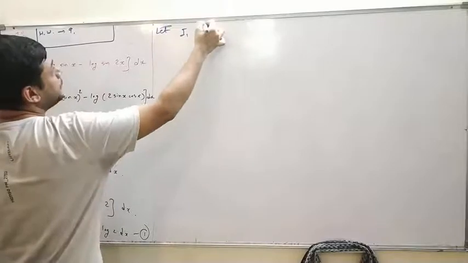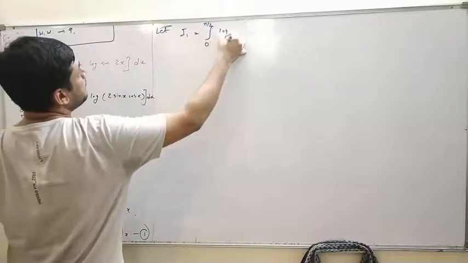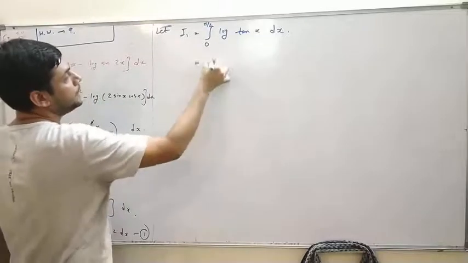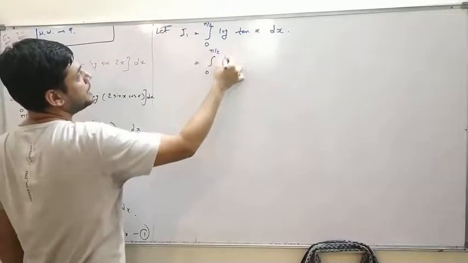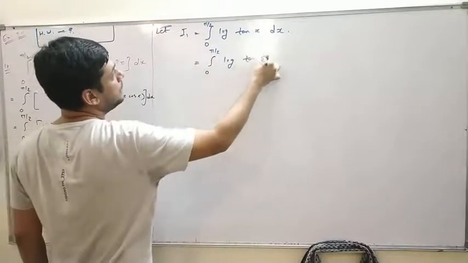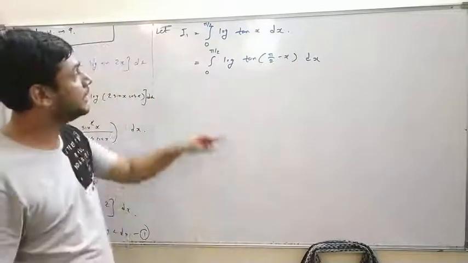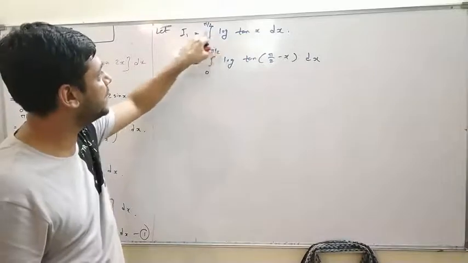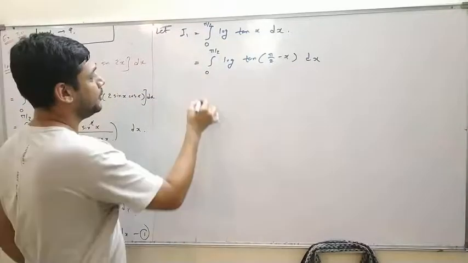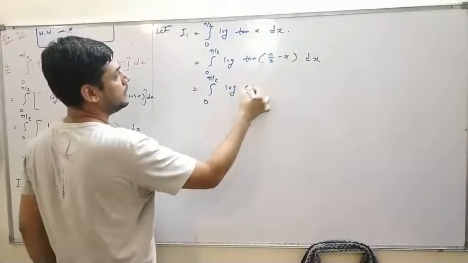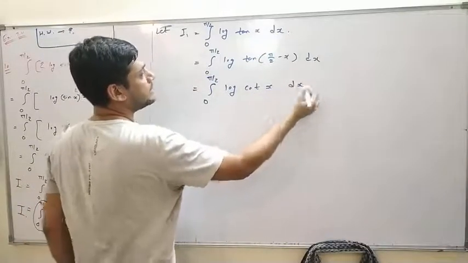Integral 0 to pi by 2 of log tan x dx. Okay, so that is equal to integral 0 to pi by 2 of log tan (pi by 2 minus x) dx. Using the f(a minus x) property, in the place of x we write a minus x, that is pi by 2 minus x. So integral 0 to pi by 2 of log cot x dx.